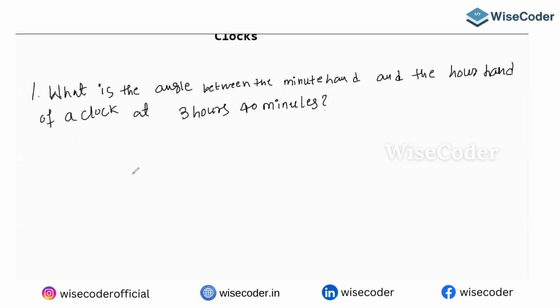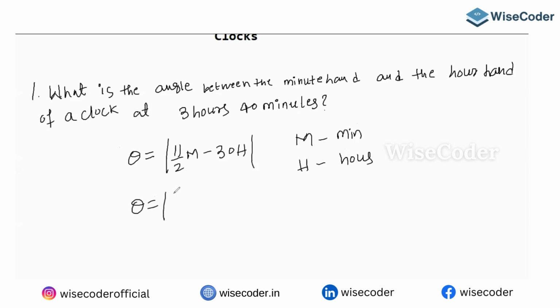Okay guys, so we know one formula. The angle between the hands to be calculated by what? Theta is equal to 11 by 2 m minus 30 h, where m is called what guys? Minutes. Where h is called what? Hours. So 11 by 2 m. What is m friends?